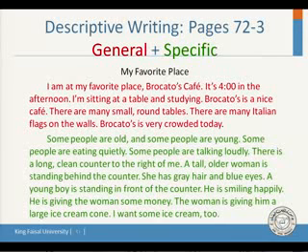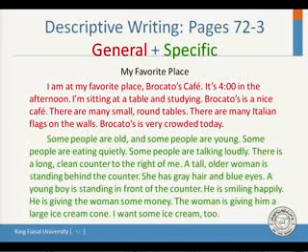In the first one we have the place and time. I am where? At my favorite place, Broncato's Cafe. What time is it? It's 4 o'clock in the afternoon. What am I doing? I am sitting at a table and studying. Okay? Now describe the place.